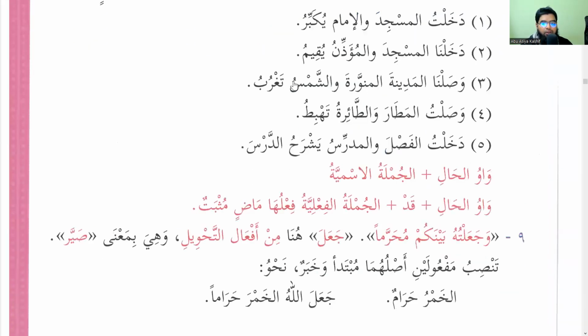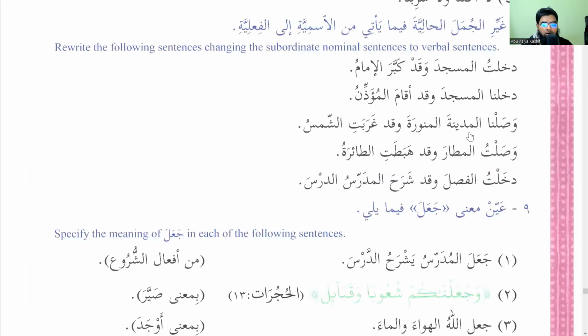وصلت المطار والطائرة تهبط. I arrived at the airport while the plane was descending. هبط يهبط is to descend, go down. So وصلت المطار وقد هبطت الطائرة. While the plane had descended. No, the plane was descending. We can say habata, to descend.